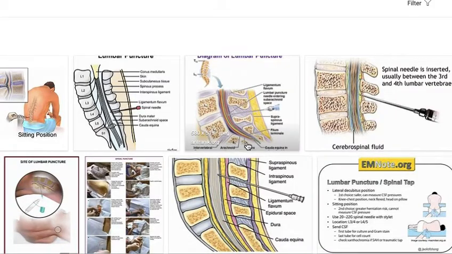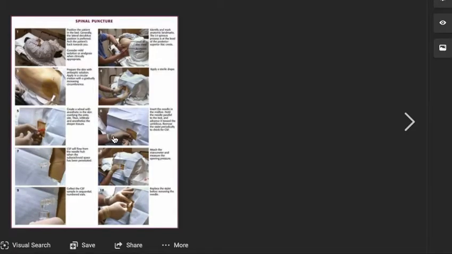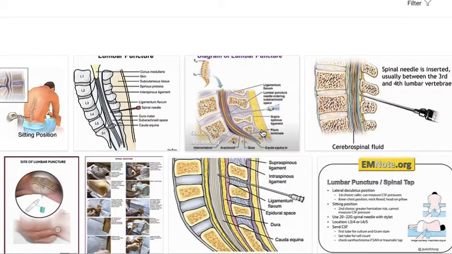This needle is passed between the third and fourth lumbar vertebrae. The spinal cord terminates around the L1 level, so when we take it around L3 L4, there is no chance that we are going to damage the spinal cord.